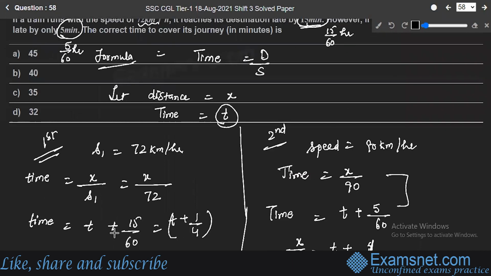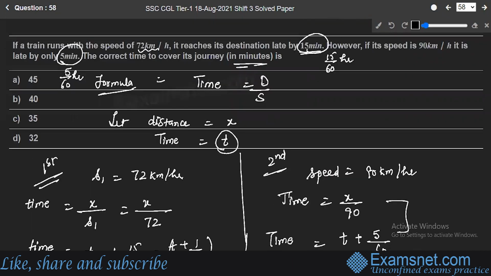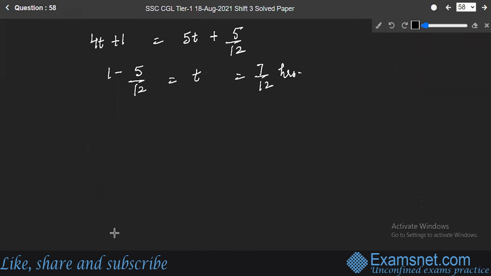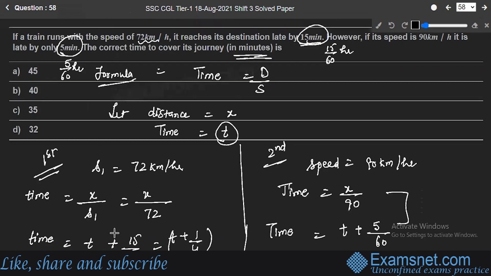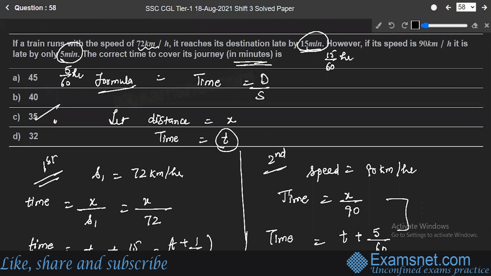In the question, you don't have anything in hours for the time, so you have to convert this into minutes. 7 by 12 hours is equal to 7 by 12 into 60, that is equal to 35 minutes. So your correct answer to the question is option C, 35 minutes. I hope you are clear. Then let's move to the next question.